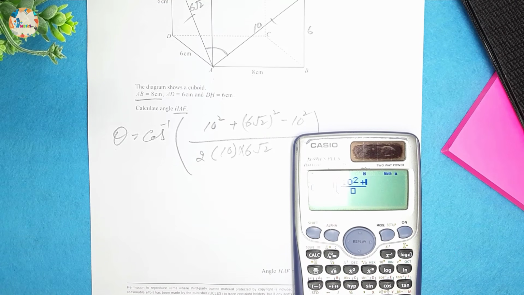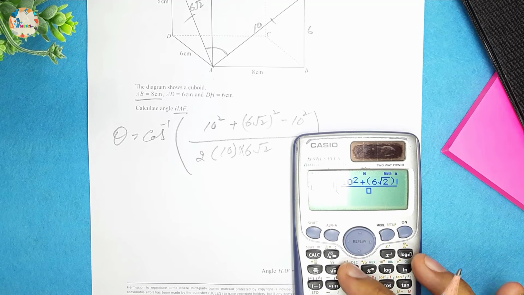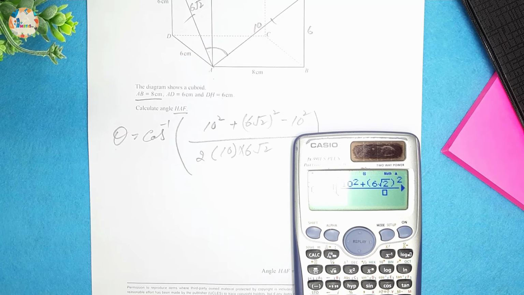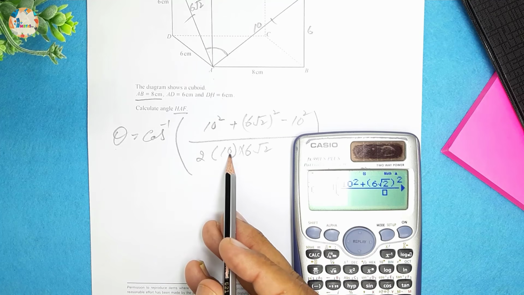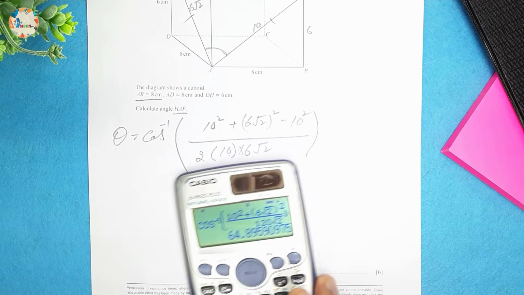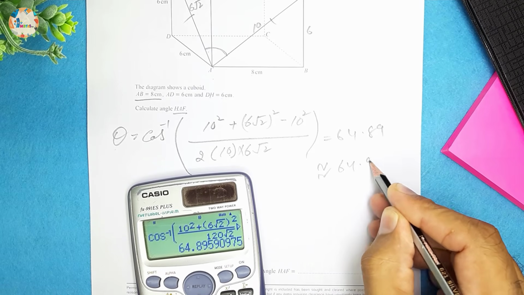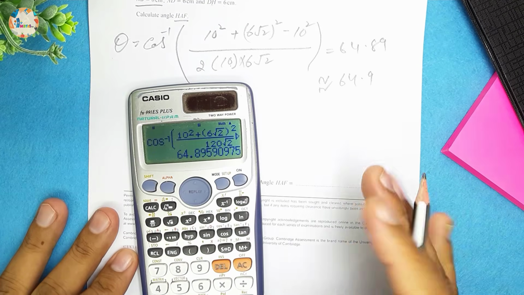So 10 squared plus, in brackets, 6 under root 2, and this will be whole squared, and minus 10 squared, and over will be 2 into 10 will be 20, so 20 into 6 will be 120, and root of 2 and the bracket will be closed, and this will be equal to 64.89, so approximately equal to 64.9. This will be our final answer.